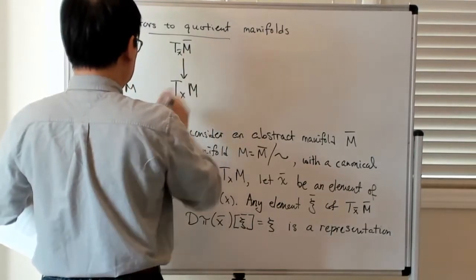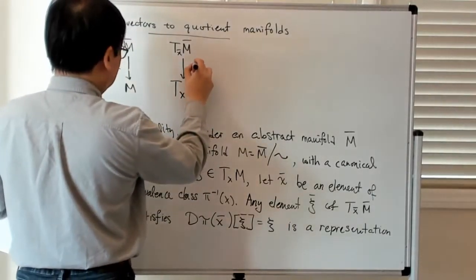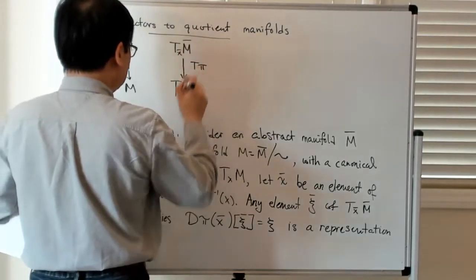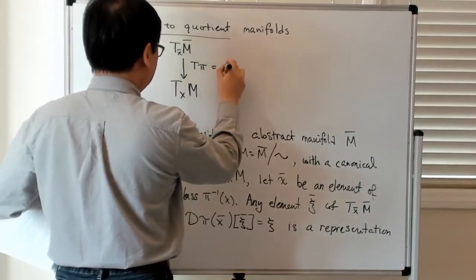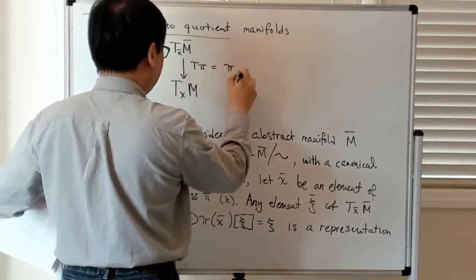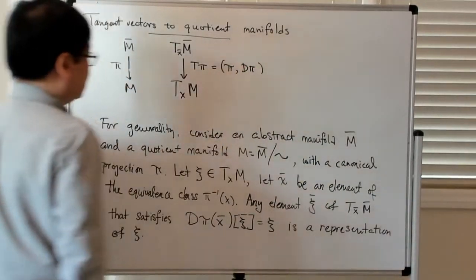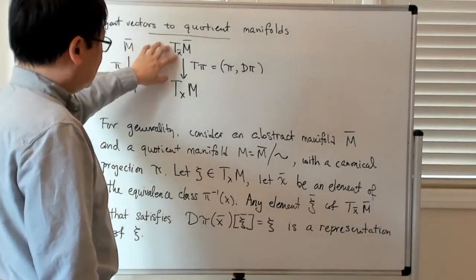These two things are related by essentially the tangent map to π, which I should think of as being just the projection map, comma, d of the projection map.